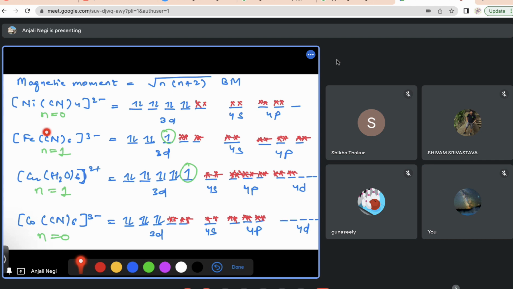Okay. So you can understand it something like this: the magnetic moment is generated due to the unpaired electron.